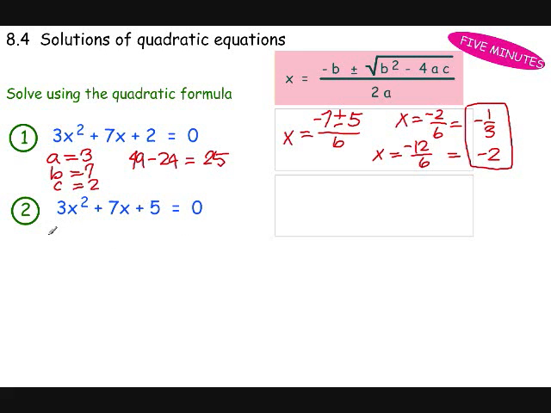Let's try this one. In this one, a is equal to 3, b is equal to 7, looks the same so far, and now c is equal to 5.